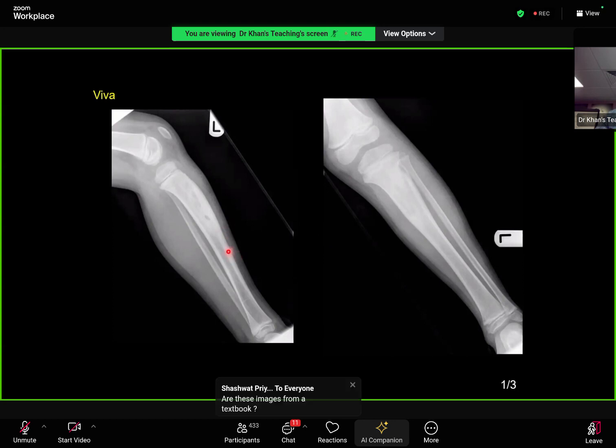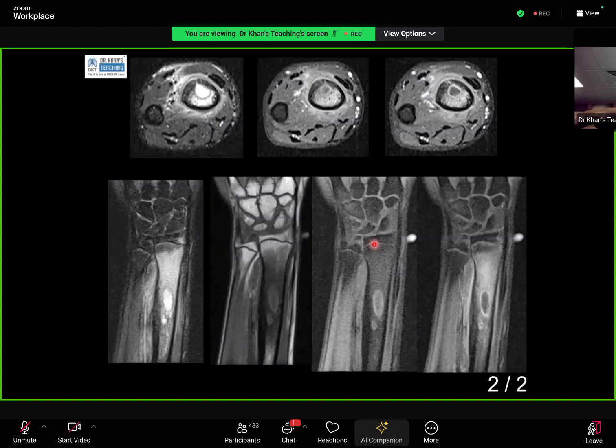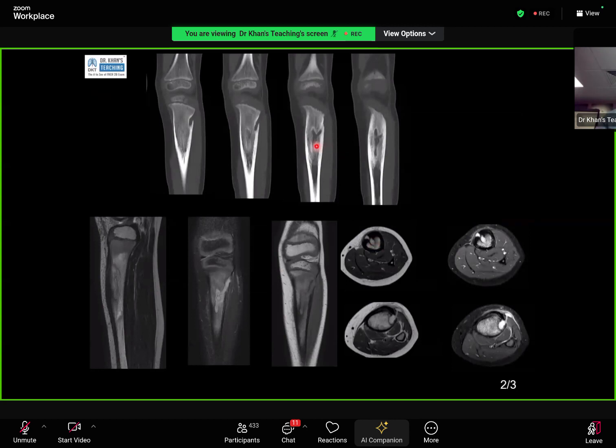Now, look what happens. Look at there is endosteal new bone formation here, and that is why look at the medullary cavity. It is all encroached, and similar findings here, where you can see this tunneling. It is breaching the cortex.